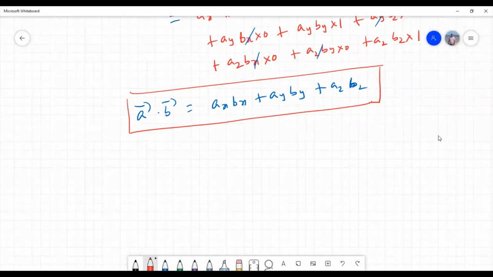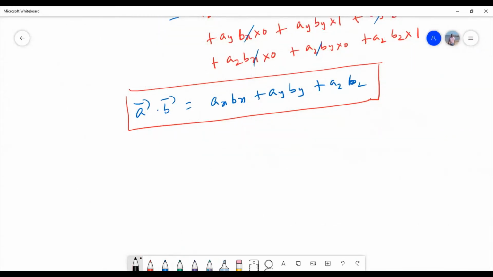Let me give an example, you'll understand better. Suppose A bar is given as 2i cap minus 3j cap plus 4k cap, B bar is i plus 2j minus 2k.